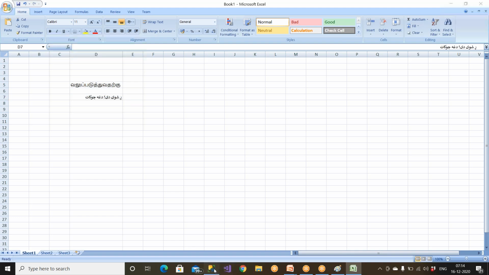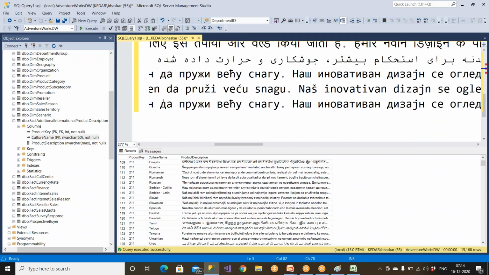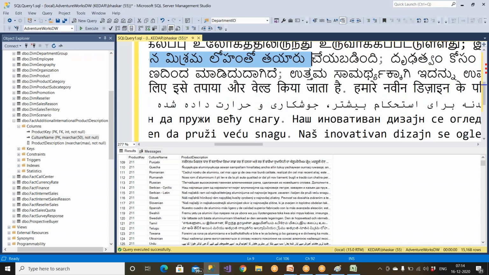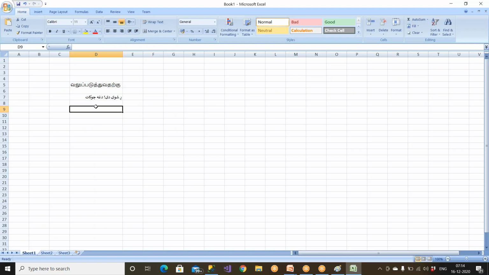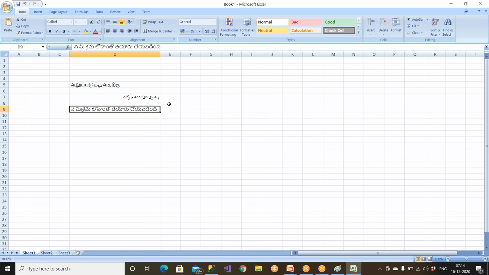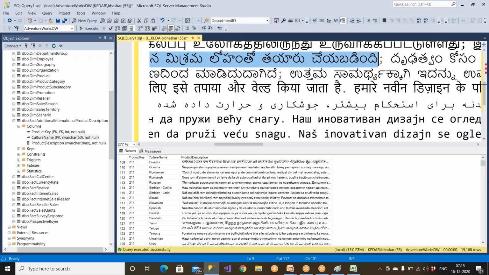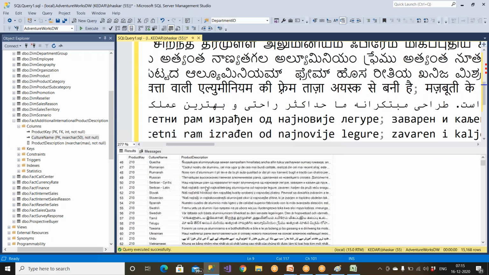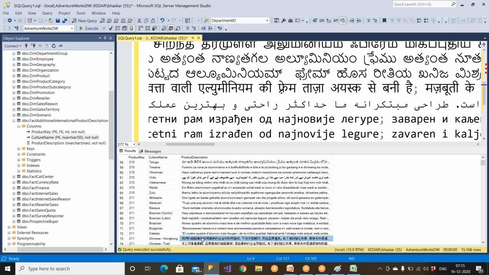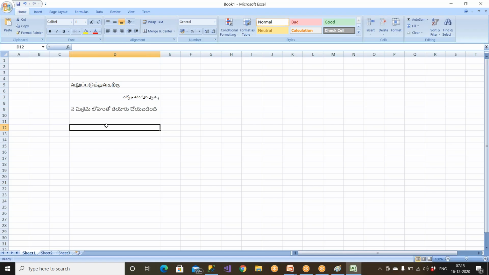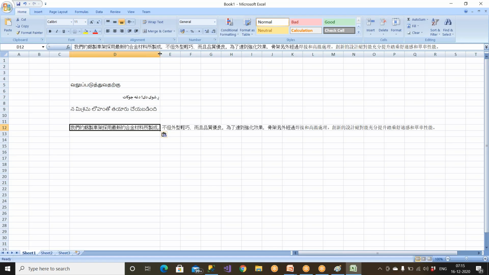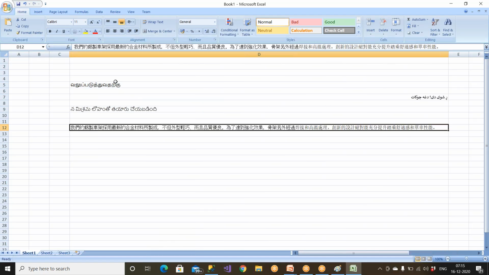Now let me take one of the Indian languages data. I wanted to show you how each application is supporting it today. Now let me take Chinese data as well, Chinese Hong Kong. Let me copy Chinese data as well. So I have stored different data here.